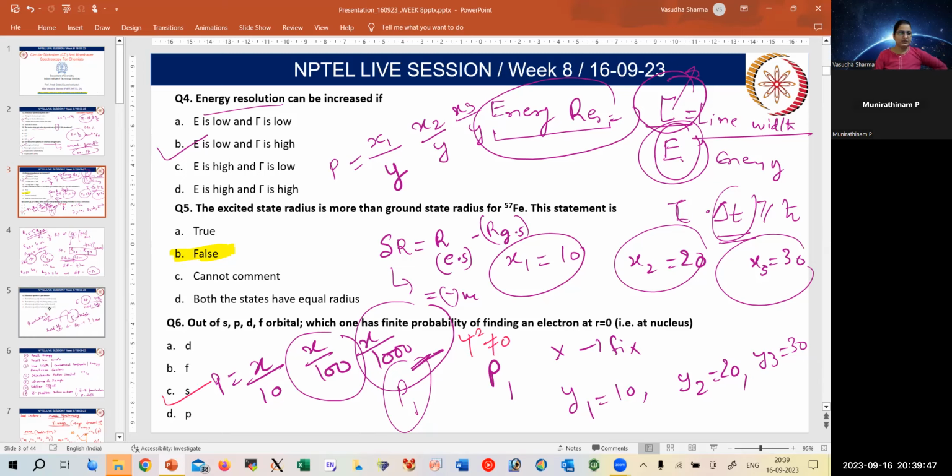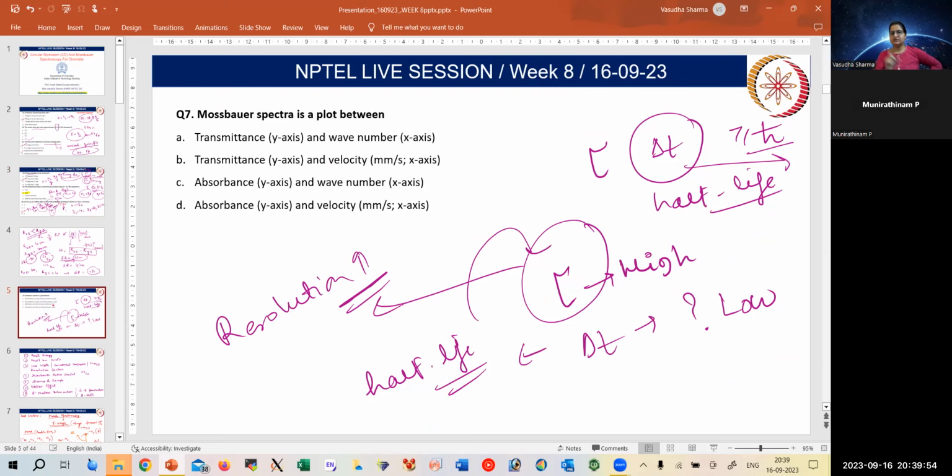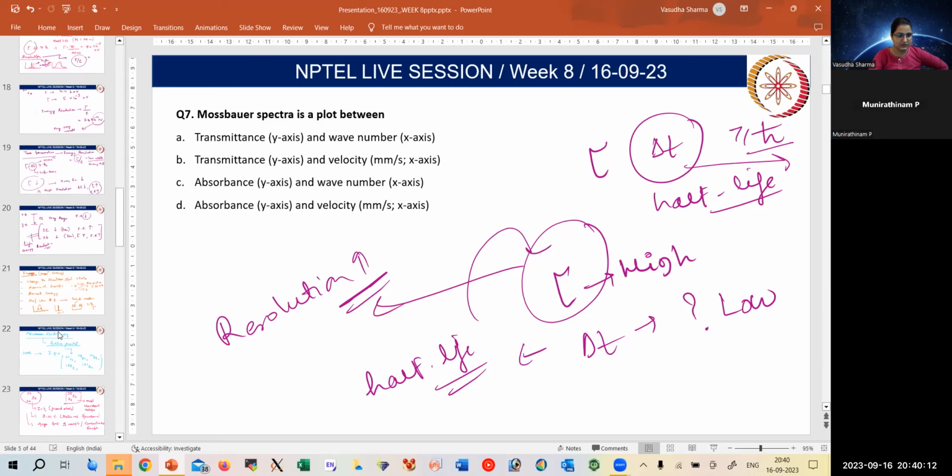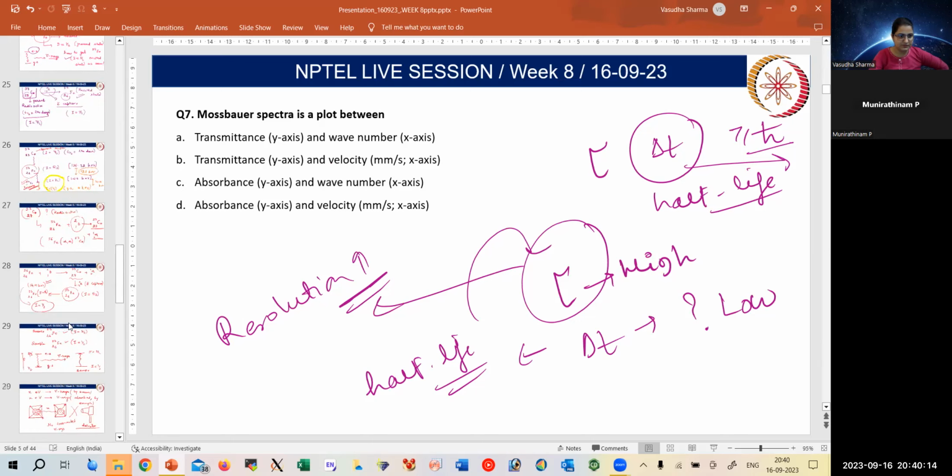And the last question for this particular lecture: Mossbauer spectra is a plot between which one? Is it transmittance versus wave number, transmittance versus velocity, absorbance versus wave number, or absorbance versus velocity? Absorbance and velocity, D option. No, actually, what we had is this graph, which I told also.